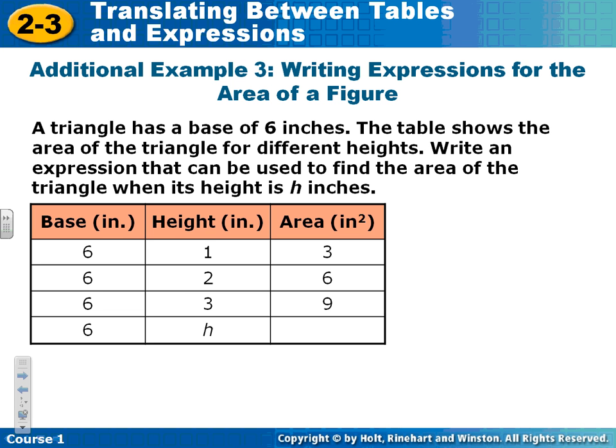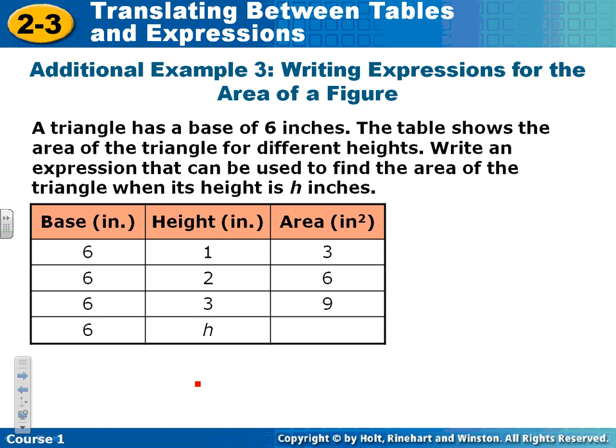Well, that's what it is. I'm giving it to you right now. It's base times height divided by 2. Okay. Does that work? 6 times 1 divided by 2 is 3. 6 times 2 divided by 2 is 6. 6 times 3 divided by 2 is 9. So that works, huh?